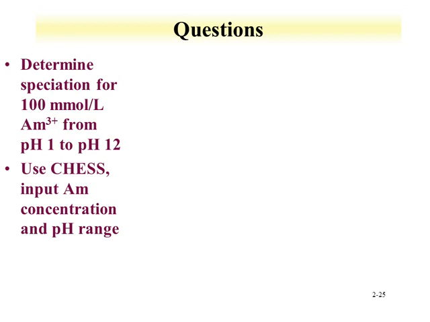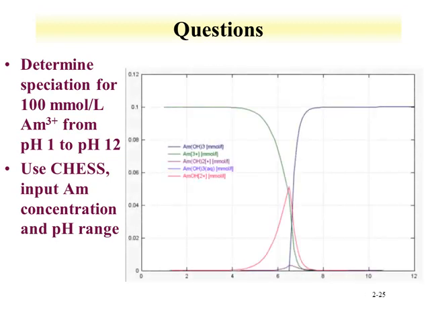This would access all the constants in the CHESS database, and you can develop a figure that would look like this, where you would see that the concentration of americium-3 is dominant at the lower pH. As you increase pH, it starts to tail off. You get the monohydroxide, forming a little bit of the dihydroxide, and then around pH 7 you start to get the americium trihydroxide form.